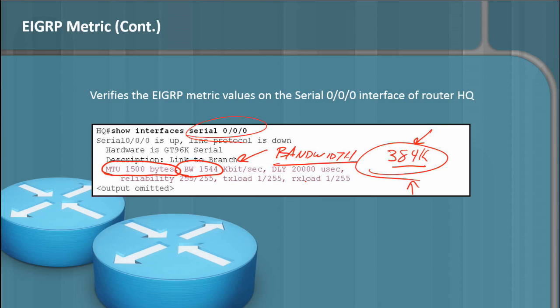You also see you've got things like the receive load, the transmit load, the reliability. The reliability will be 255 out of 255 so long as it's up, but if it starts bouncing or flapping, going up and down, that reliability would take a hit. The load, you see that shows us a utilization in 1/255. These are things that you could consider, but Cisco tells you not to bother.